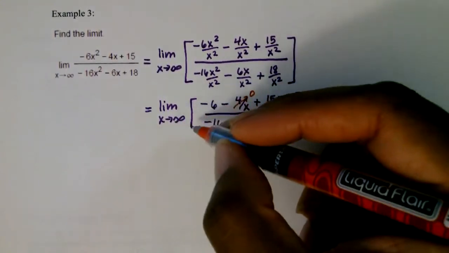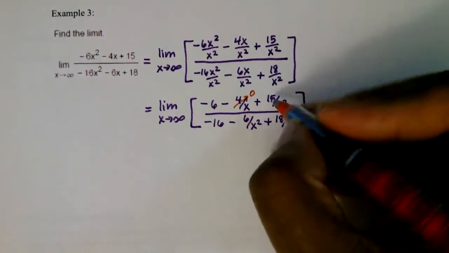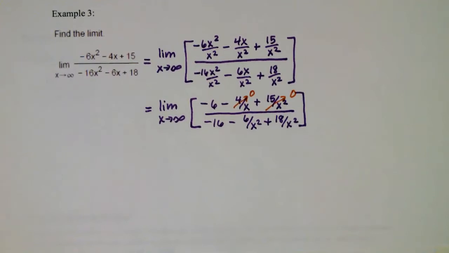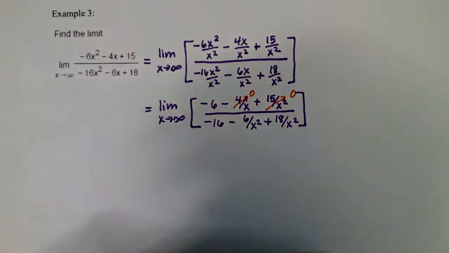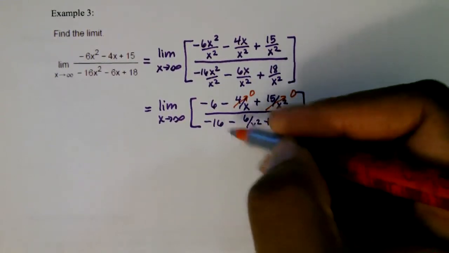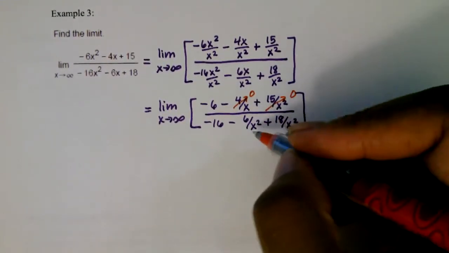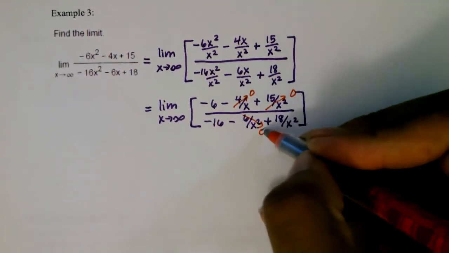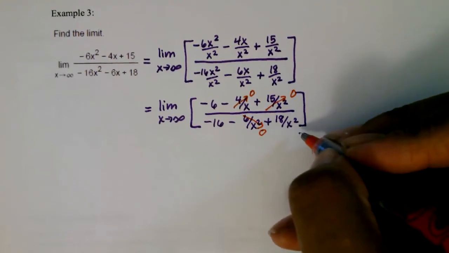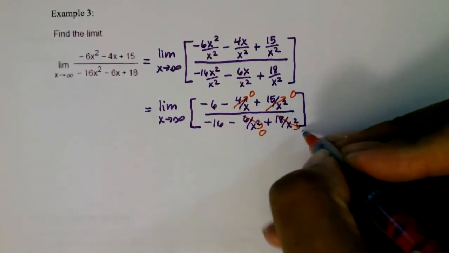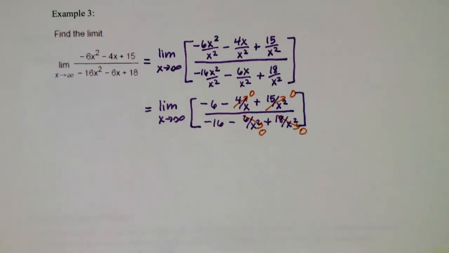And if x goes to infinity, 15 over x squared will also go to 0. And then the minus 16, well, the limit of a constant is a constant, so it would be negative 16. Now for the minus 6 over x squared, as I let x approach infinity, this term goes to 0. And for the 18 over x squared, if I let x approach infinity, that term goes to 0.